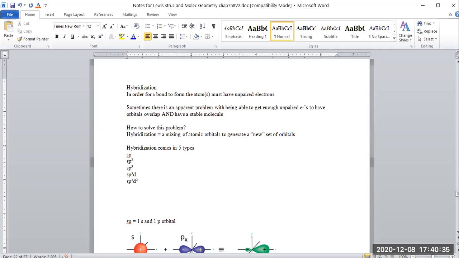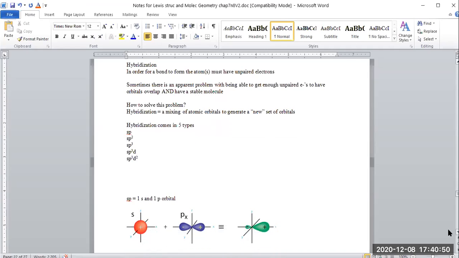So hybridization is smearing or mixing a couple of orbitals together to give you some new ones. Hybridization has 5 options, at least as far as general chem is concerned.